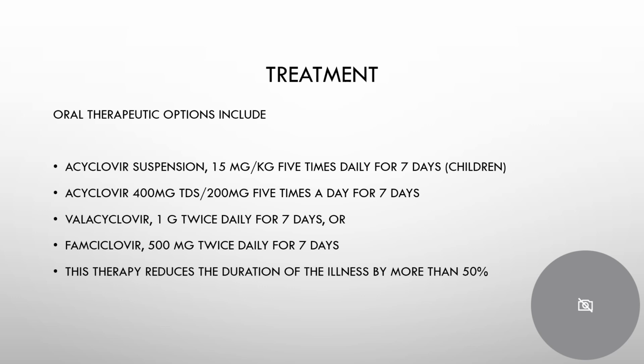In refractory or recurrent infections, we use valacyclovir 1 gram twice a day for 7 days, or we can use famciclovir 500 milligrams twice a day for 7 days. This medication reduces the duration of the illness by more than 50%.